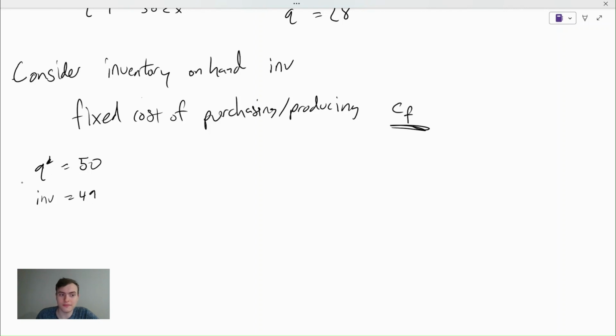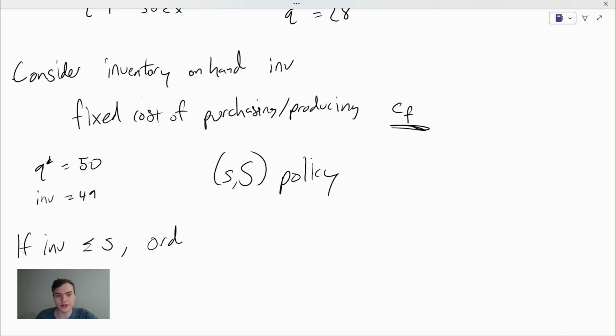So in addition to Q star, we have a new threshold for when we want to order. We call this an sS policy, and we want to decide the sS policy. If the inventory is less than or equal to little s, then we order up to S.